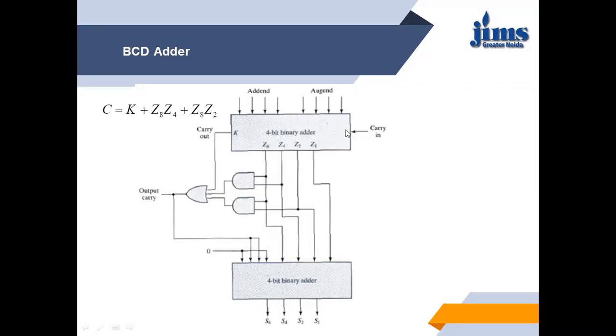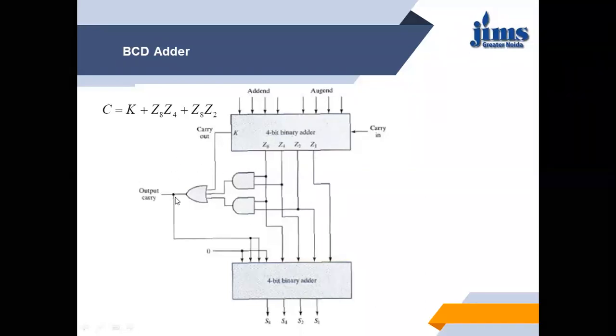We just add them like binary numbers. The input carry is 0 and it produces Z1, Z2, Z4 and Z8, and a carry output K. Whenever the sum is greater than 9, we have to add 6 to the number. So we have used the concept of C. C is 1 when either K, or Z8 Z4, or Z8 Z2. Whenever these conditions are satisfied, the output carry will be 1.